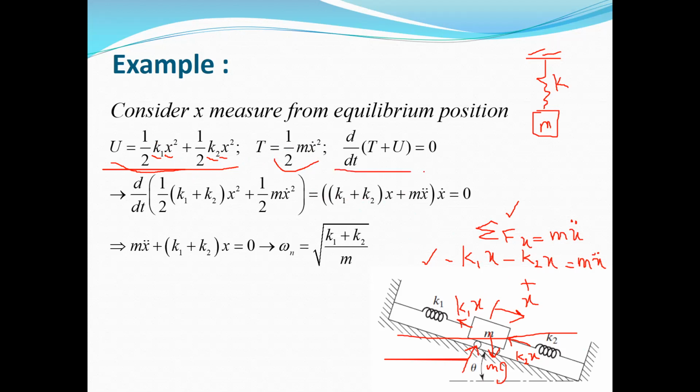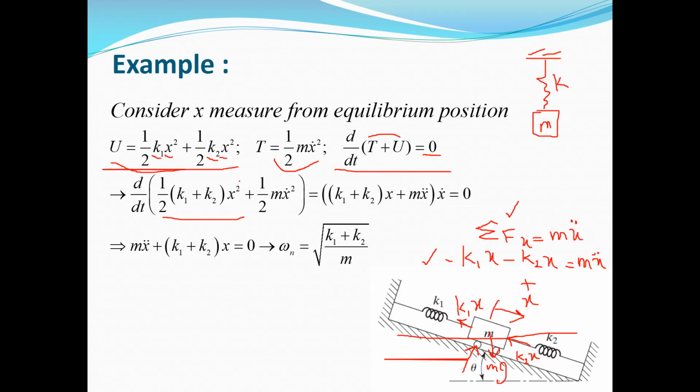So easily you can substitute into the equation of energy. We know that T plus U is a constant value because this is a conservative system. So the derivative of a constant value, T plus U, with respect to time must be equal to 0. We can substitute for U and T from the potential energy and kinetic energy, and calculate this derivative. In the term half times k1 plus k2, that is a constant value, but x squared is not constant.